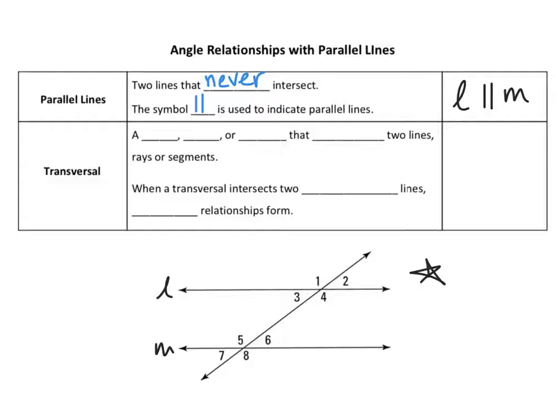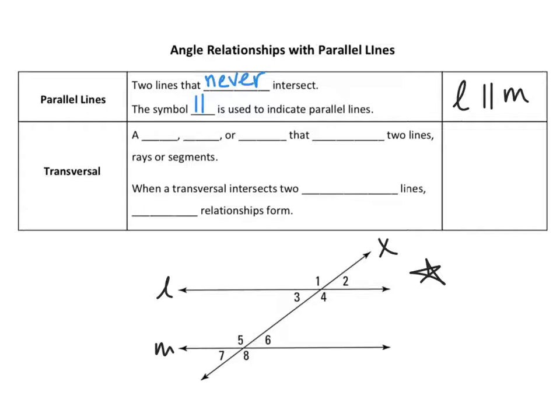Let's say then that this diagonal line right here, we're going to name line X, and that would be considered our transversal.